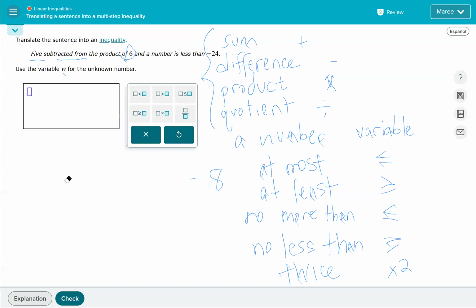Okay, so here's the thing when they say the words subtracted from. I don't know how to write this in the notes, but when you have 5 subtracted from, you're going to have a -5 because you're going to be taking away 5 from something. And it tells us that we're taking it away from the product. So we're going to have a product at the beginning, and then we're going to take 5 away from it.